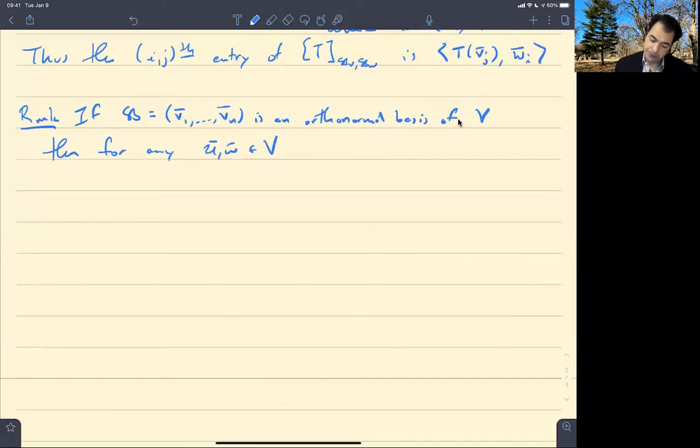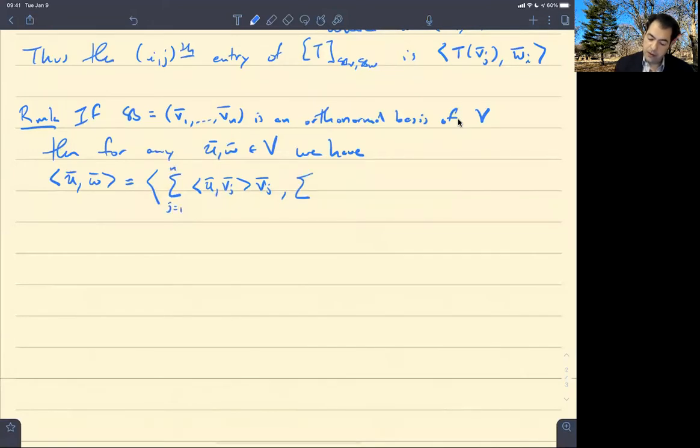So what we can do is, we know how to write u using this basis, right? I can write u as the sum of some coefficients, but I know the coefficients, times vj.